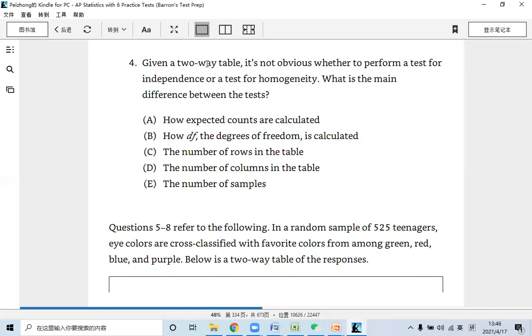This is a very subtle question. Do you do a test for independence or homogeneity? What is the main difference between the two tests?